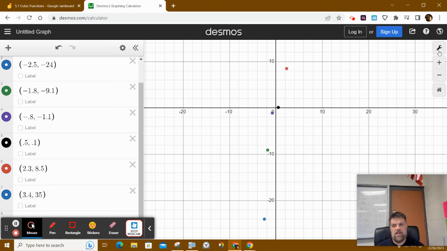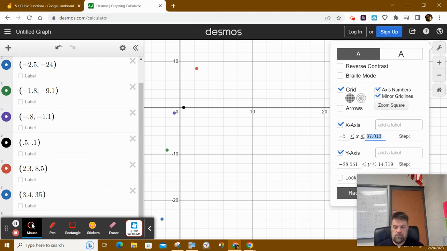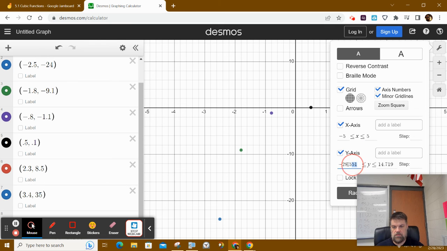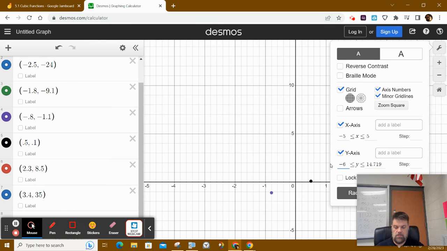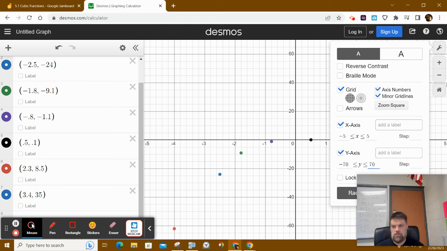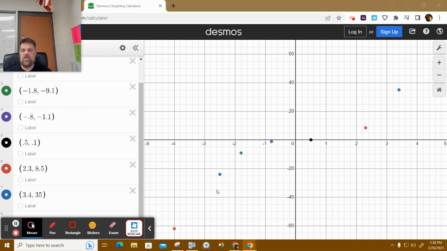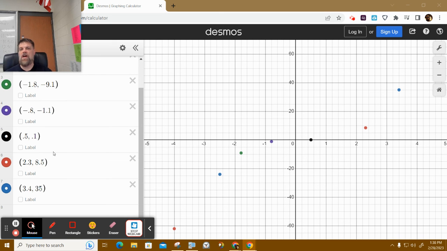It kind of looks like a function, doesn't it? Now, I've got the scaling all funny on purpose, but what it kind of looks like is a cubic function. So it doesn't matter what the data represents. I go out into the real world, I measure a bunch of data. This is the pattern I see.